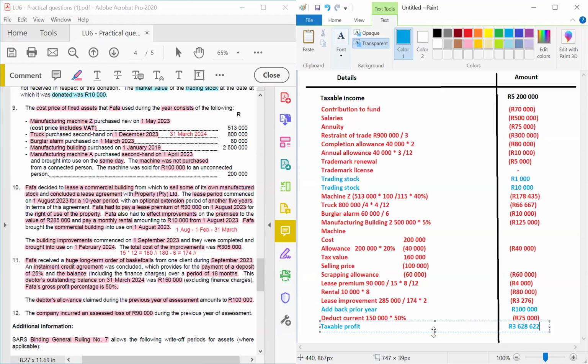Now, based on that, I can now deduct my assessed loss, right? My assessed loss is given to me as 90,000.